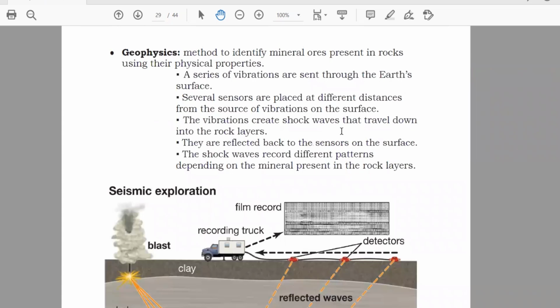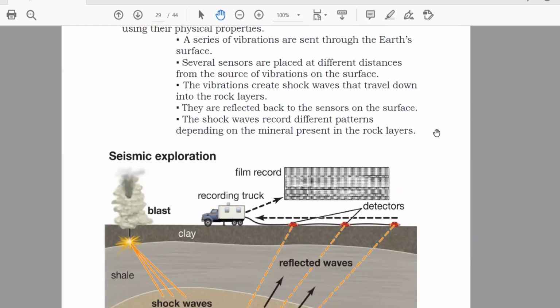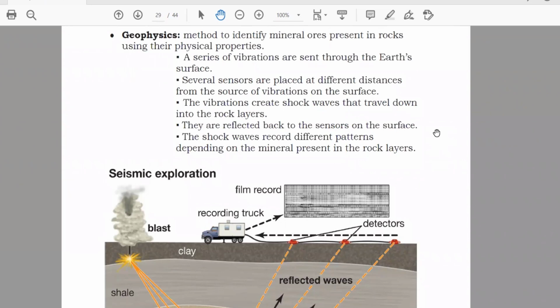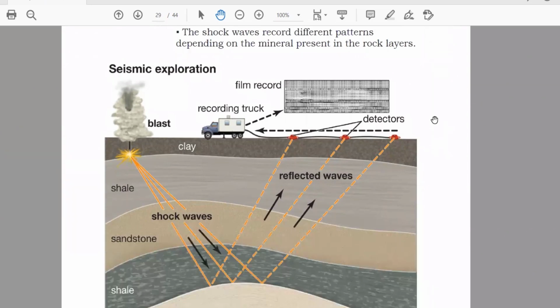After that, geophysics. In geophysics, they use physics techniques with the help of seismic waves or shock waves to try to find whether there is a rock or not. What they are doing is making an explosion here. When they make the explosion, the shock waves travel in the earth, hit the rocks below and reflect back.